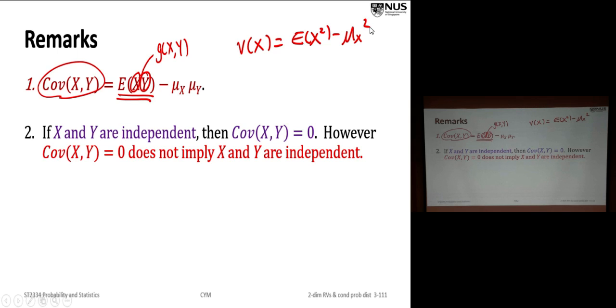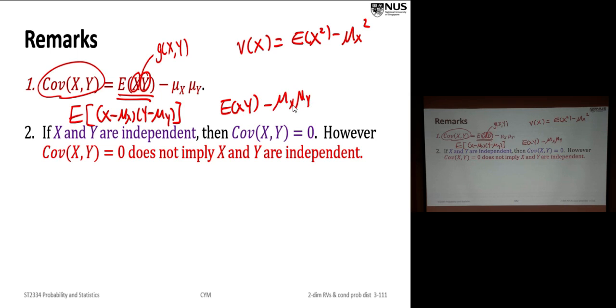The idea is the same. If you want to get the covariance, either you work on x minus mu x times y minus mu y, which may be troublesome, or you can also work on the product of x and y, minus the product of mu x and mu y. So either way will give you the covariance.